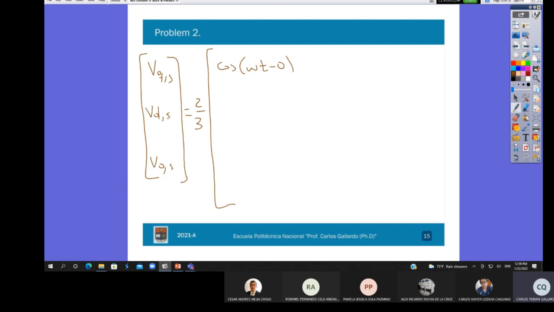The element 1 by 2 is cosine omega t minus 2 times pi over 3. And the element 1 by 3 is cosine omega t plus 2 times pi over 3.